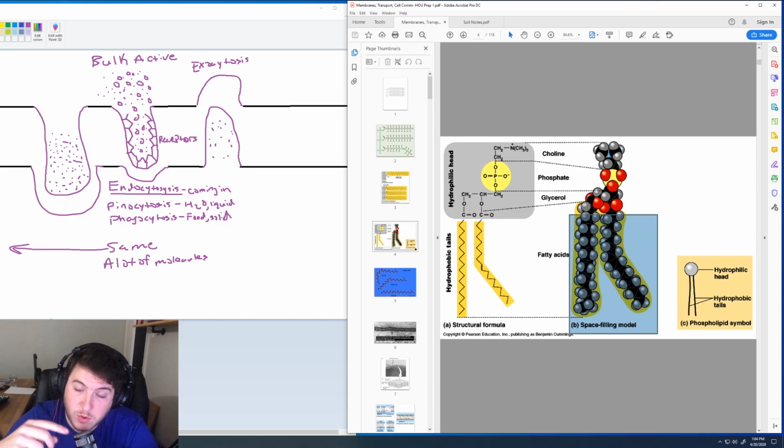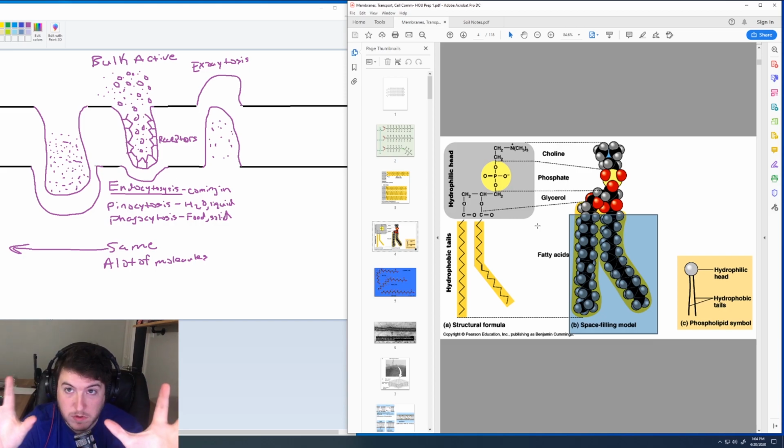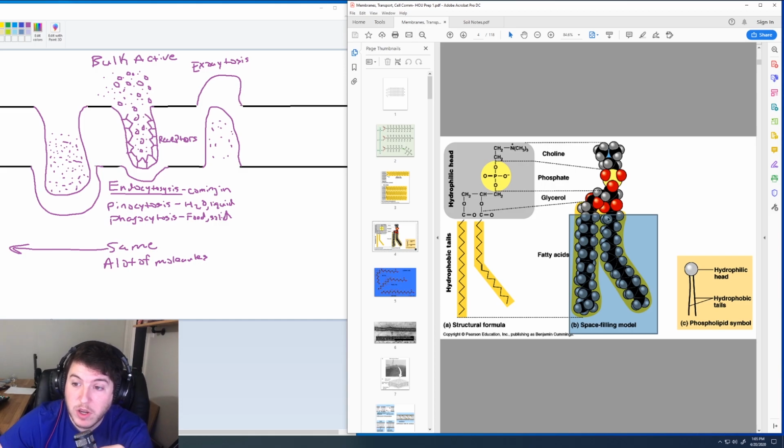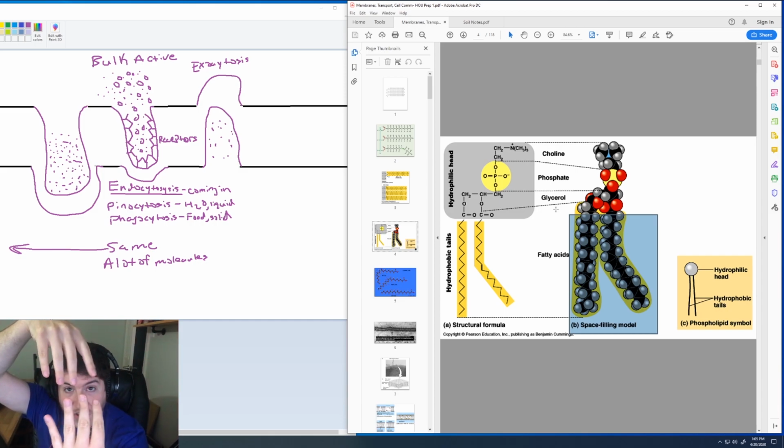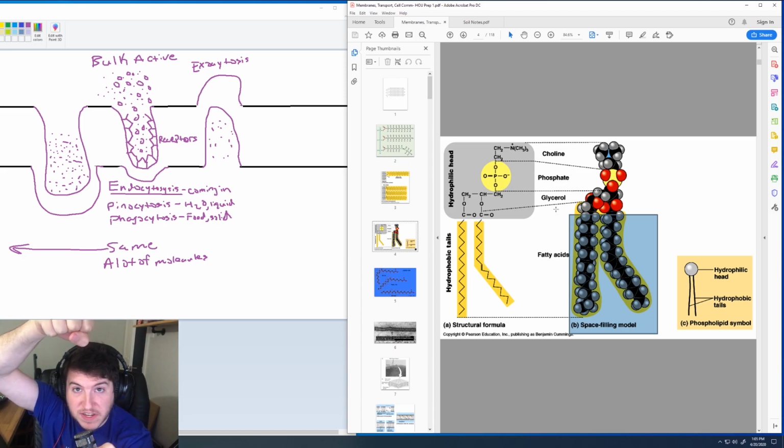Now, if you remember back to our biomolecule video, lipids are non-polar. They do not mix with water. So in order to create a skin around the cell that protects it from everything the cell membrane protects it from, while also not mixing with water, we have to create what's called a bilayer, where essentially we have two layers that float on top of one another, where all of the fats are on the inside and all of the phosphates are on the outside.